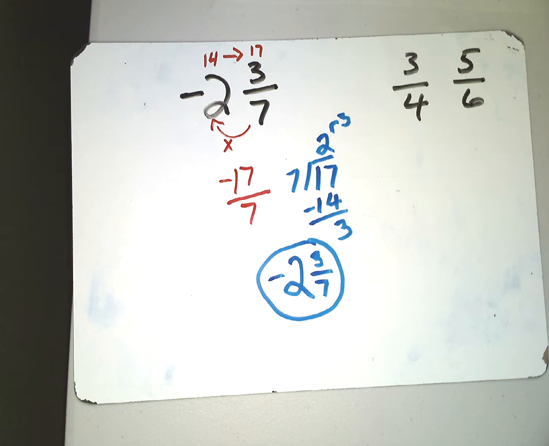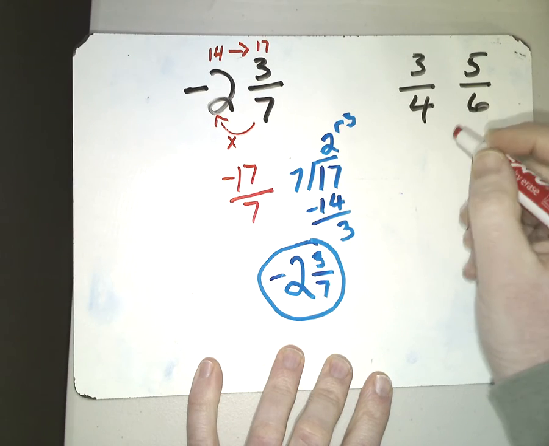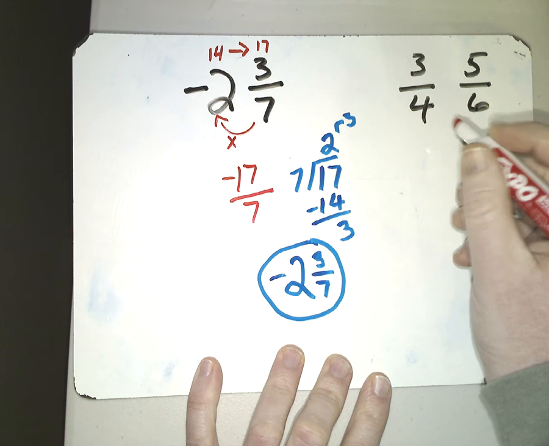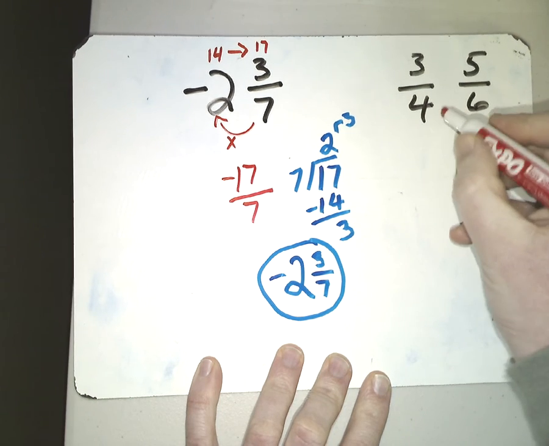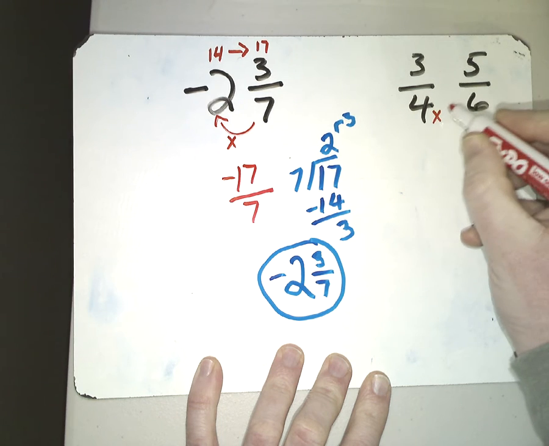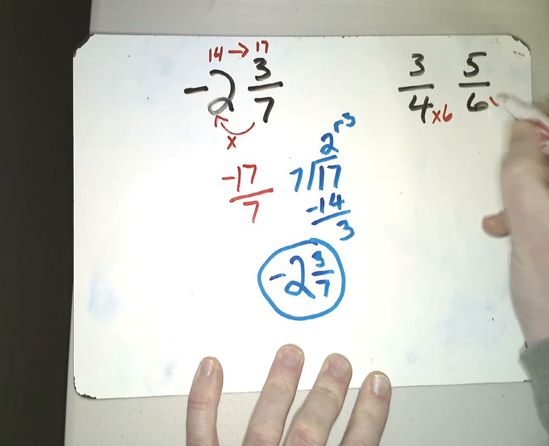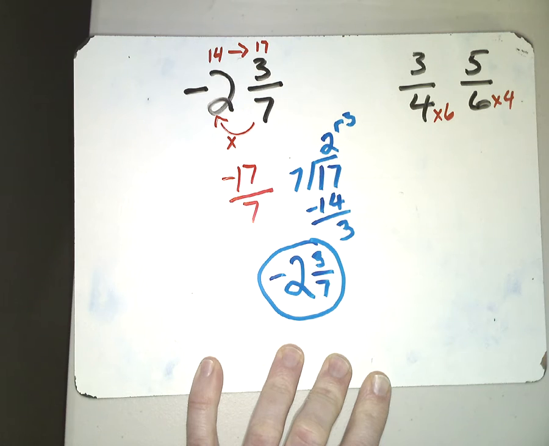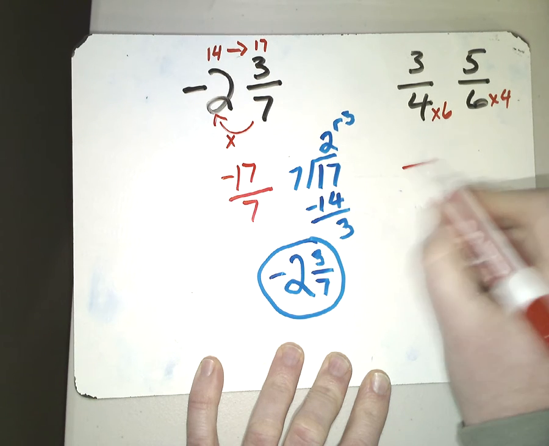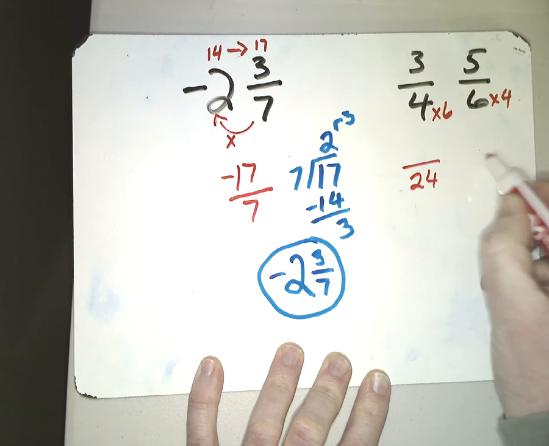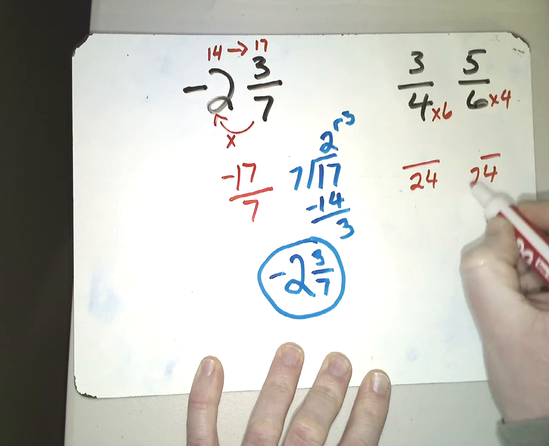Over here, I have 2 fractions that I want to make sure have the same denominator. One thing I can do if I wanted to is I could always go ahead and do 4 times 6 and 6 times 4, and just multiply them by themselves. And that would give me 24 as my common denominator.